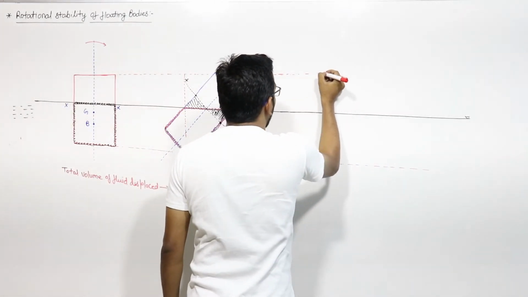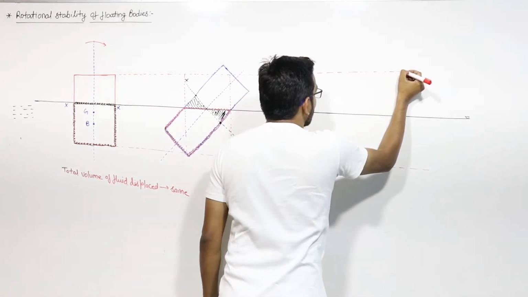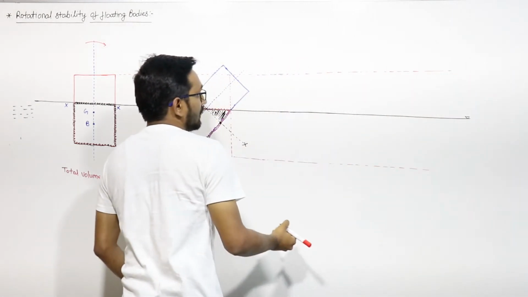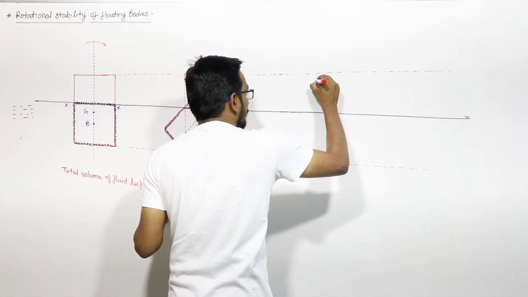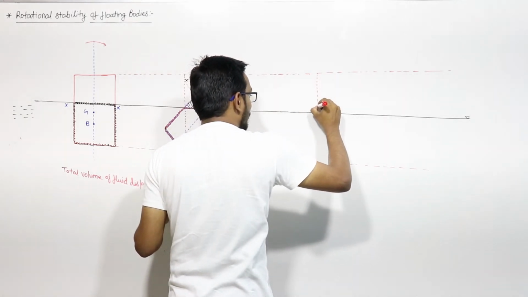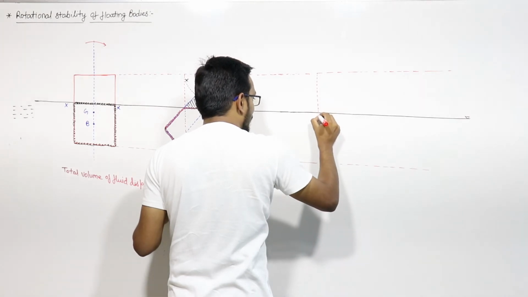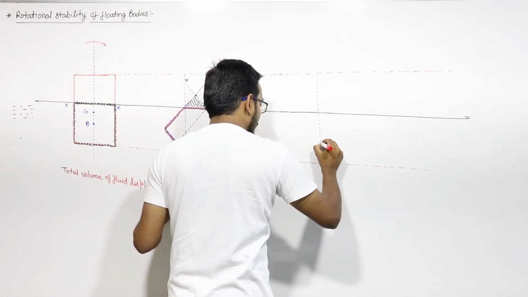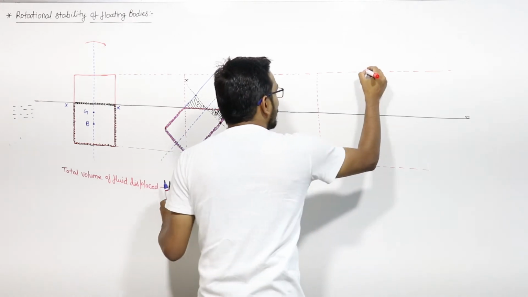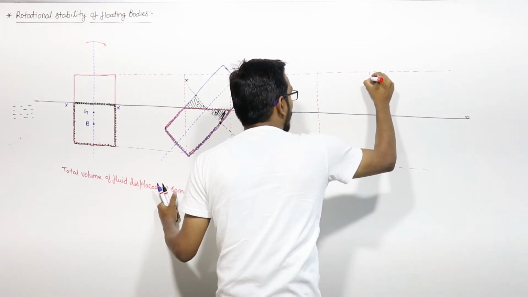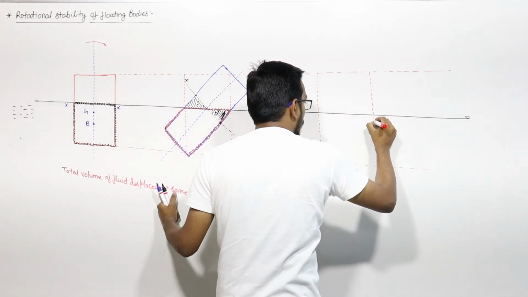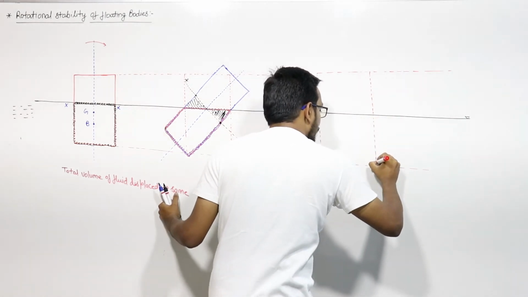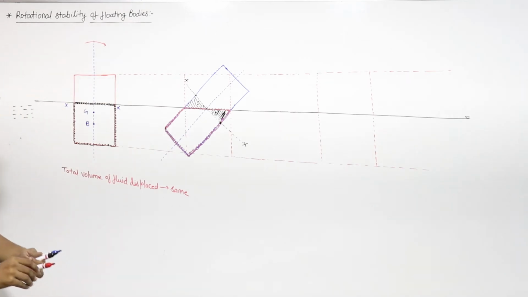Now let us make this diagram again. I am saying this is the initial body, with the dotted line I am showing it. This is the initial shape of the body.